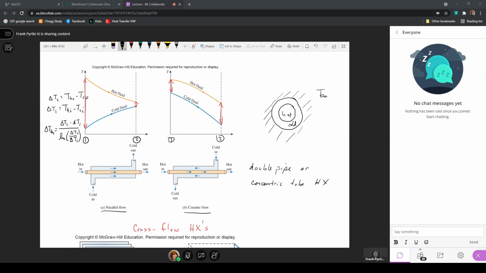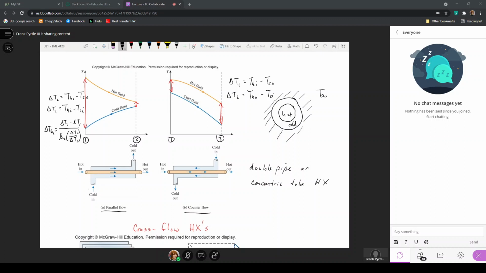For the counterflow heat exchanger, the temperature difference at position number 1, delta T1, would be the hot inlet temperature minus the cold outlet temperature. Delta T2 will be the hot outlet temperature minus the cold inlet temperature.